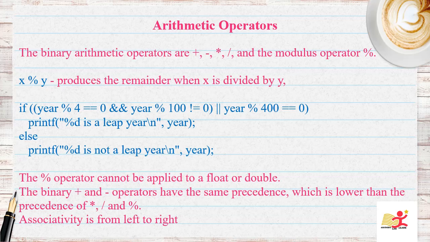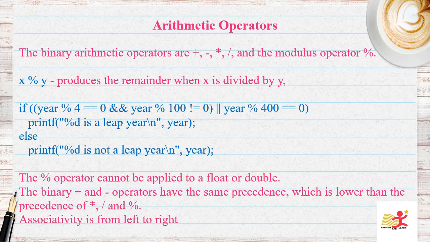This is the condition to check whether a given year is a leap year. A year is a leap year if it is divisible by 4 but not by 100, except that years divisible by 400 are leap years. Therefore, you are checking the first condition: year percentage 4 equals 0, it should be divisible by 4, and it should not be divisible by 100.